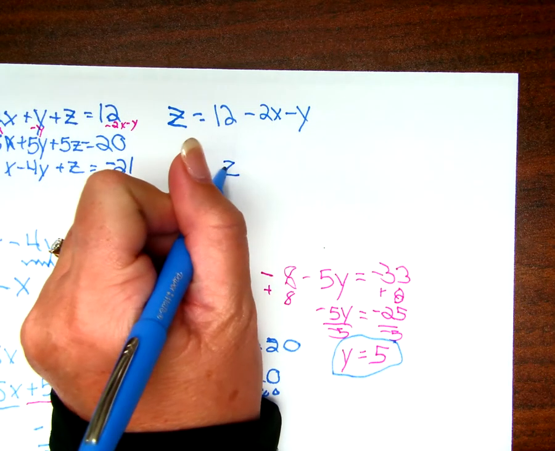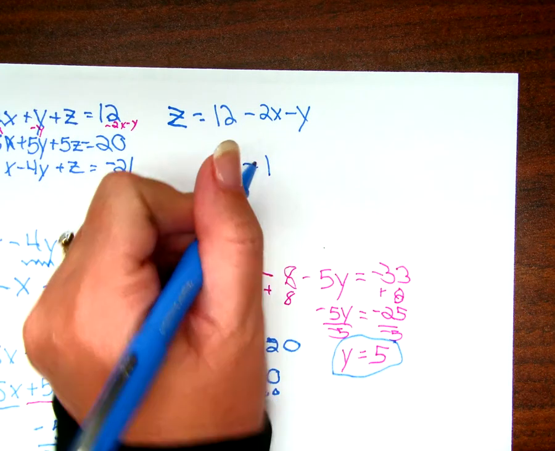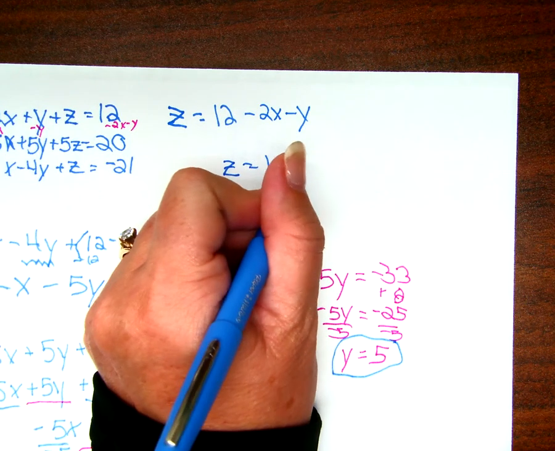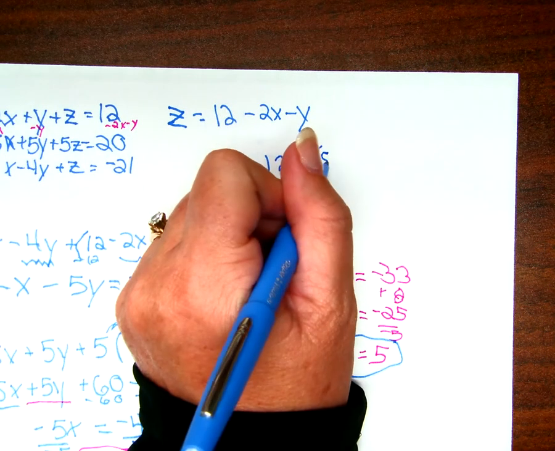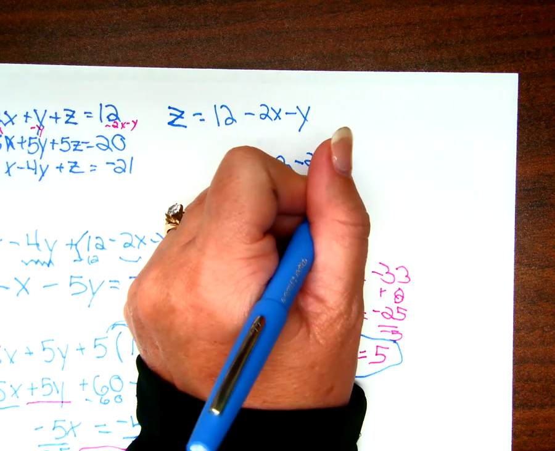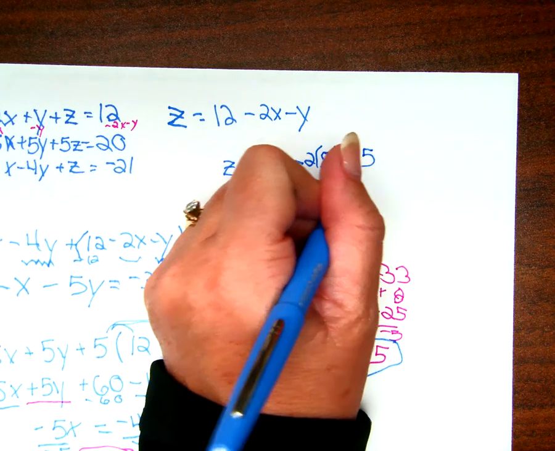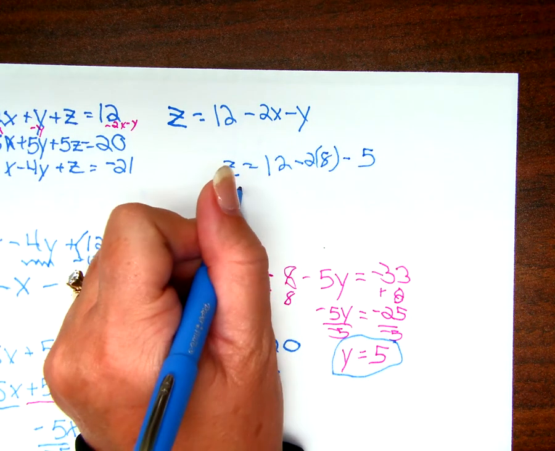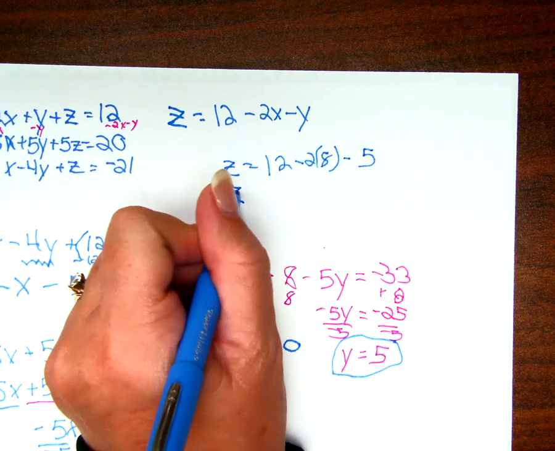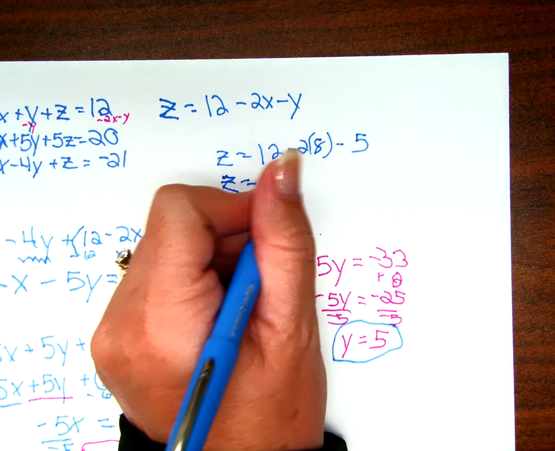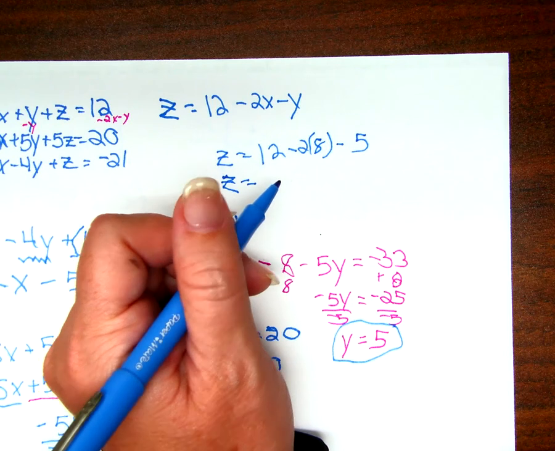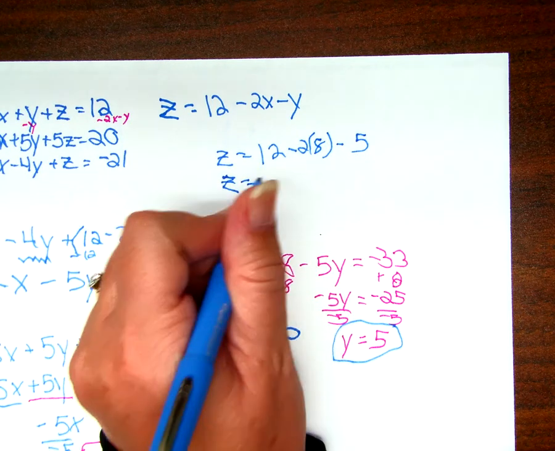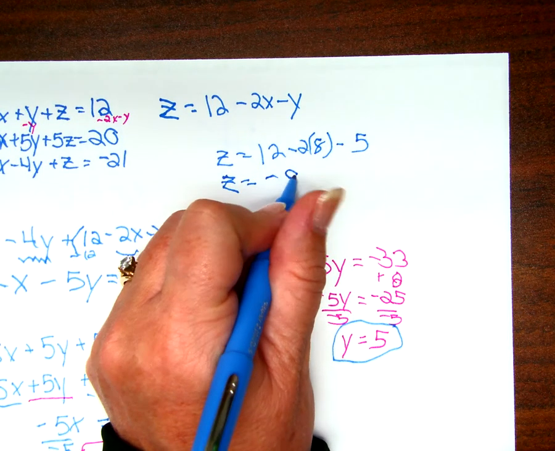Z equals 12 minus 2 times x, which is, of course, the dreaded 8, minus y, which is 5. Z equals 12 minus 16, which is negative 4, minus 5, negative 9.